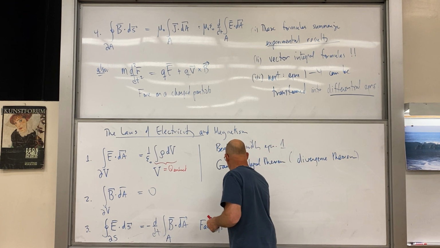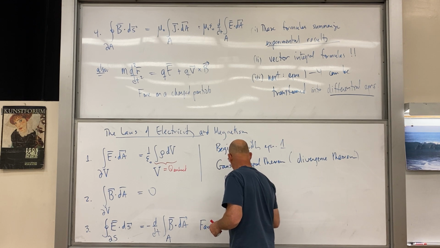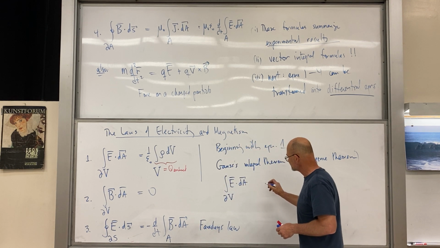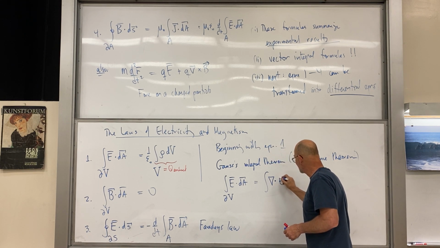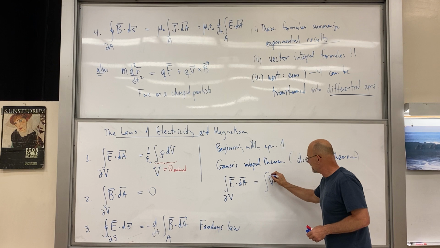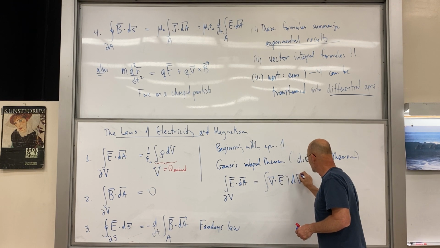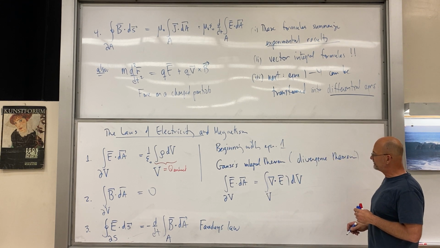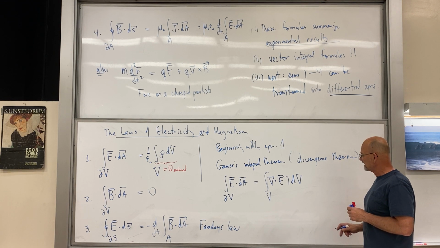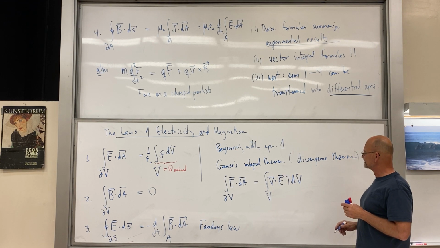So the integral of E dot dA on this boundary of a volume, this surface integral, is equal to the divergence, del dot E, of a volume integral. Okay. So what we're looking at is one of the integral theorems of vector calculus. In a sense, they're like the fundamental theorem of calculus.